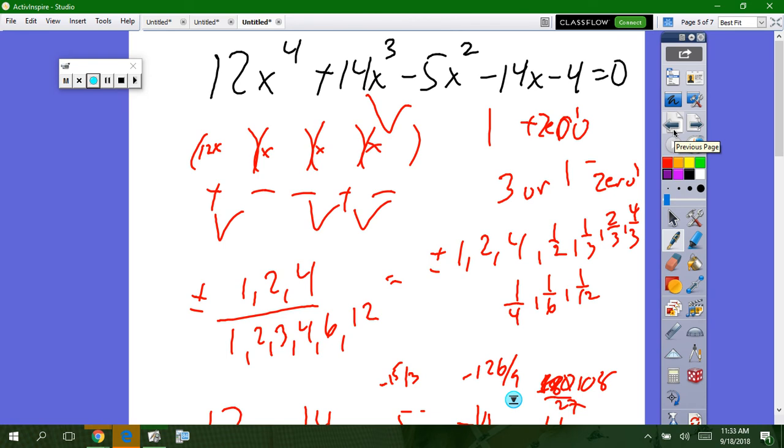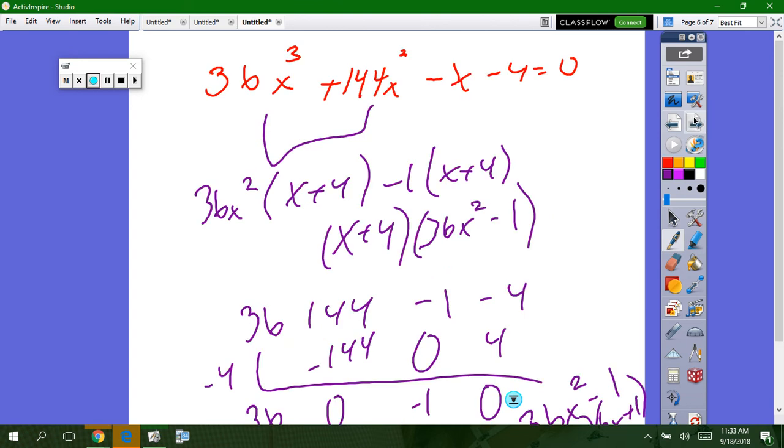Well, it didn't come out to be any of our fractions, but one of these guys had to be a 12x, and then this could be like, how do I get to 4? I could do root 2 here and root 2 here, couldn't I? And then this guy be an i and a positive i maybe. Those are possibilities. I don't know. You get what I'm saying. Maybe you do, maybe you don't.